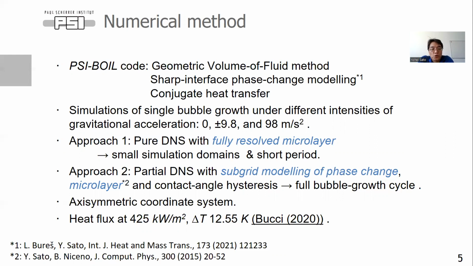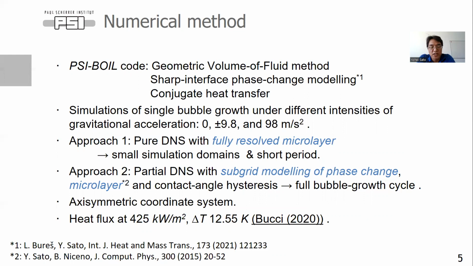We used two approaches. The first approach is pure DNS, in which we fully resolve the micro layer. But because of the small grid, we can simulate only a small domain and only a short period. In approach 2, partial DNS was performed.